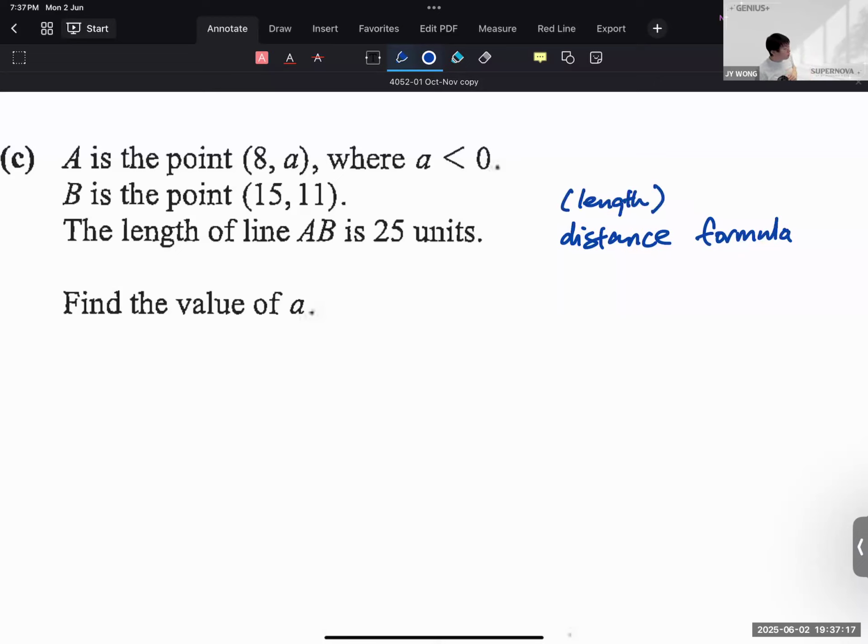What's the length formula? It's similar, but don't remember wrongly. y2 minus y1 over x2 minus x1 is gradient. This one has a square root.